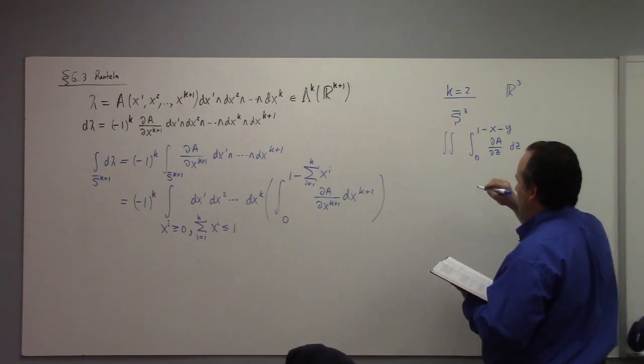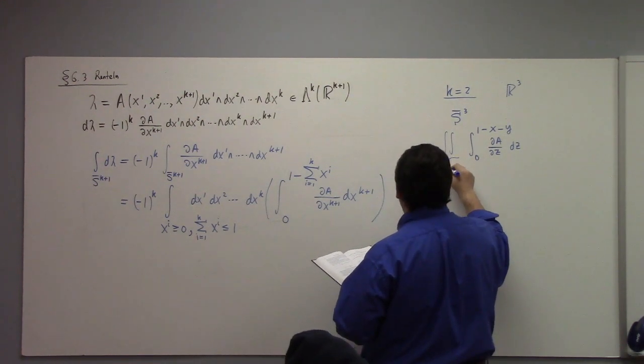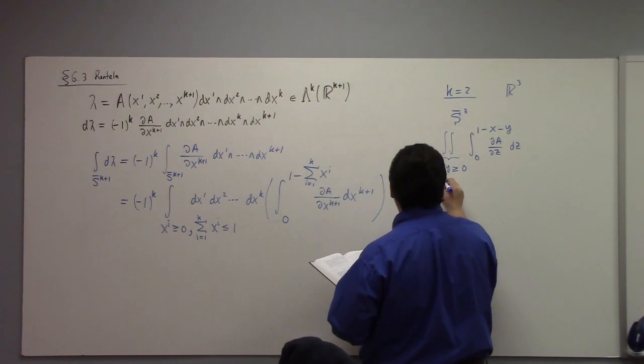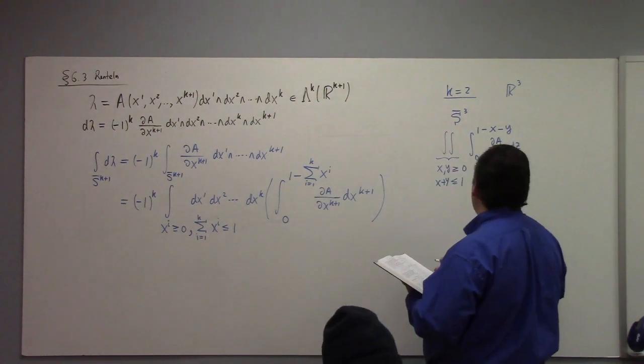And what's going on here? You've got x and y greater than or equal to 0, and x plus y less than or equal to 1.